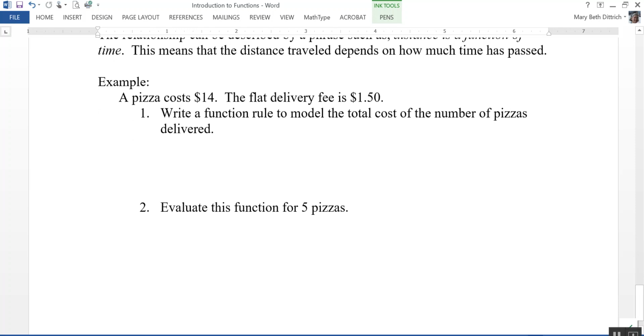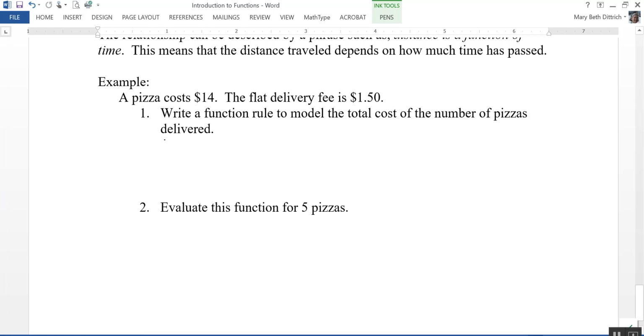A pizza costs $14 and the flat delivery fee is $1.50. Write a function rule to model the total cost of the number of pizzas delivered. So what we want to say here is that the total cost is going to be dependent on the number of pizzas that you order. Or the total cost is a function of the number of pizzas.